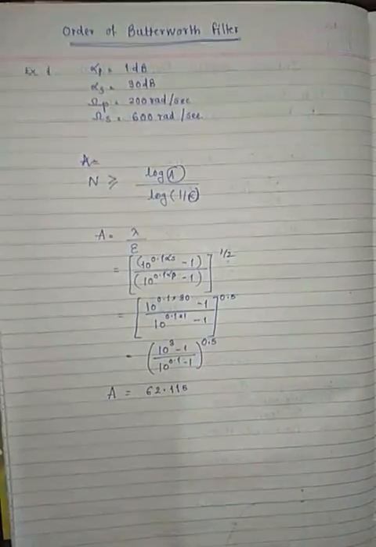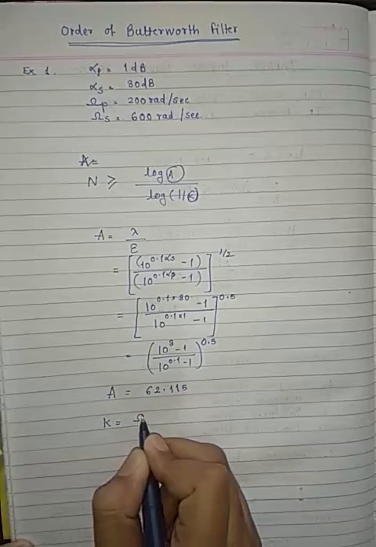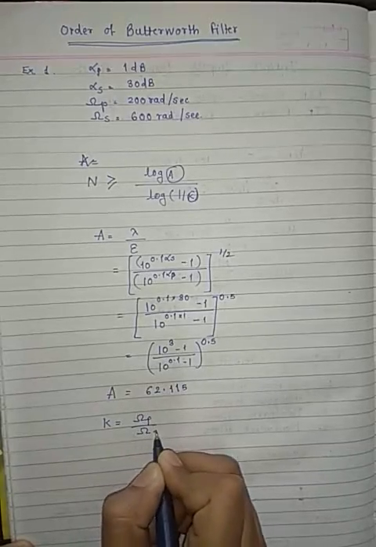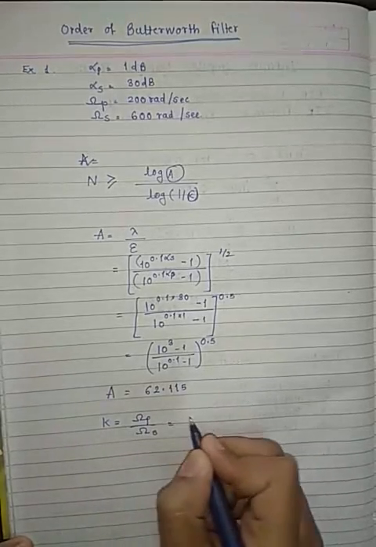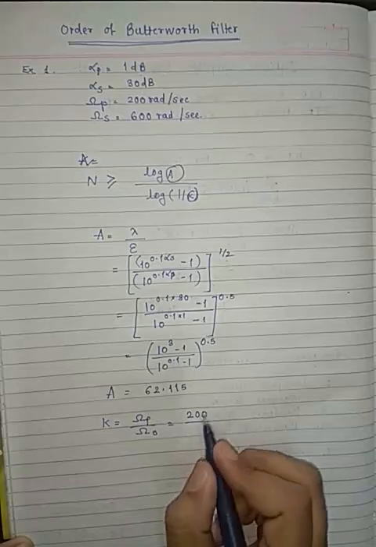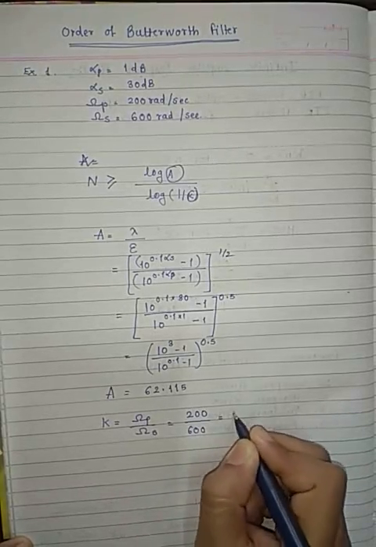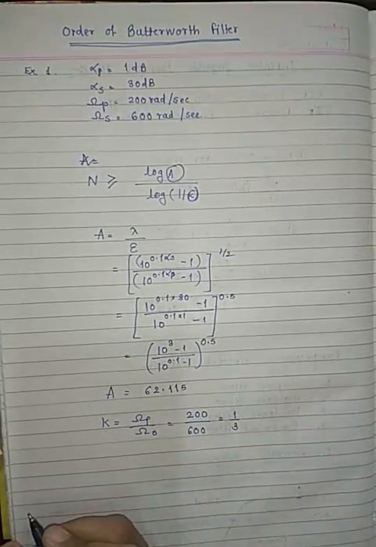Now what we have to do? We have to find the value of k. So k is given as omega p divided by omega s. Omega p is provided, that is 200 radians per second, while omega s is equal to 600 radians per second. So after simplification, it will be 1 by 3.